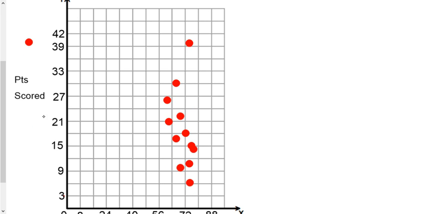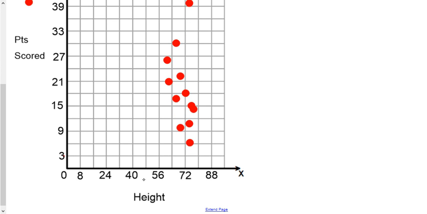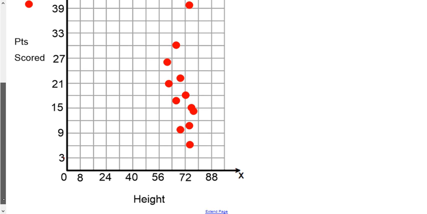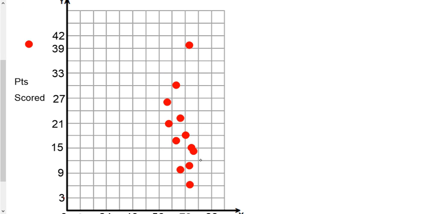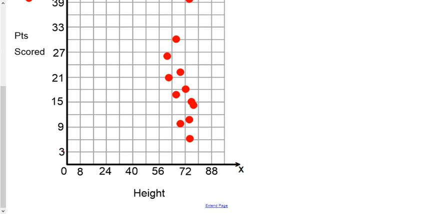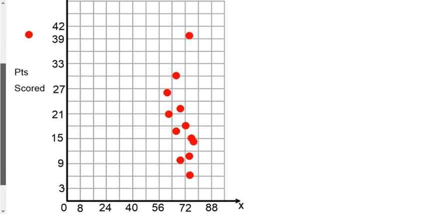And together we were able to use ordered pairs to unite those two sets of data into one ordered pair of points that we can put on this graph, and now we can see if there is a relationship between the height of a person and the number of points that they score. And honestly, because I know what's coming, there's no real relationship here between height and points scored. But that also segues into our next lesson, which deals with the types of relationships that you could see.